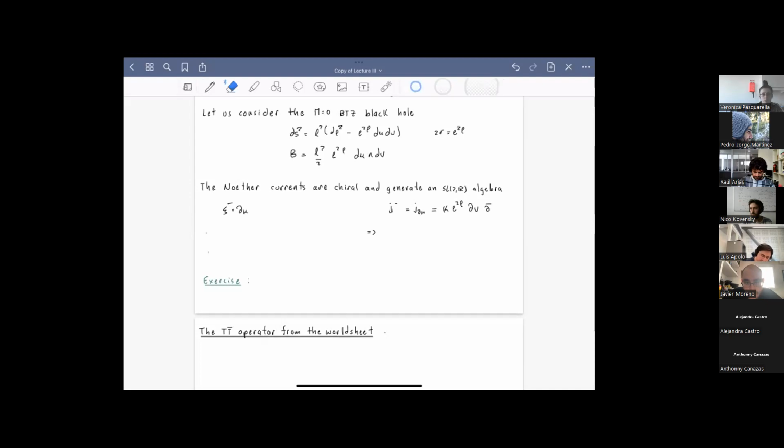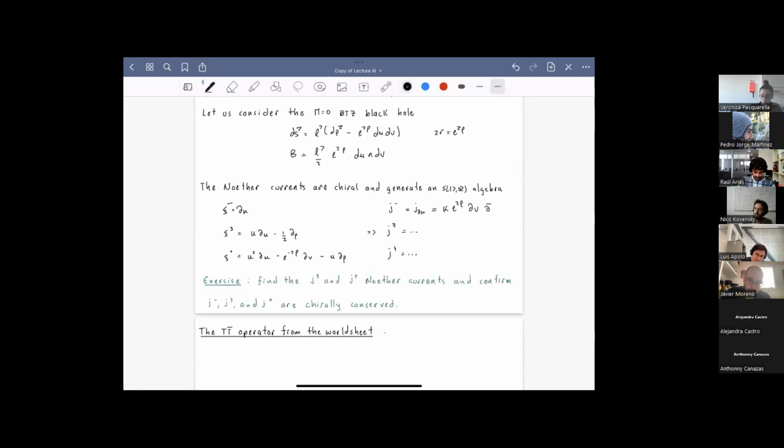And similarly, for the Killing vector that generates chiral dilations, you find the corresponding Noether current. And for the other Killing vector that forms part of the SL(2,R) algebra, which generates a chiral version of special conformal transformations, you find some other Noether current. And as an exercise, you can try to find what these other Noether currents are and verify that they're indeed chirally conserved.